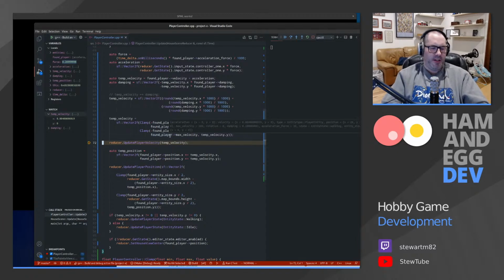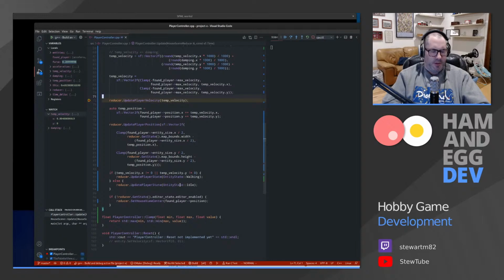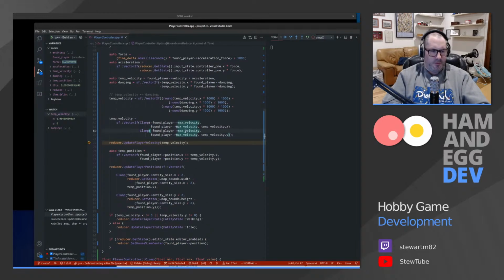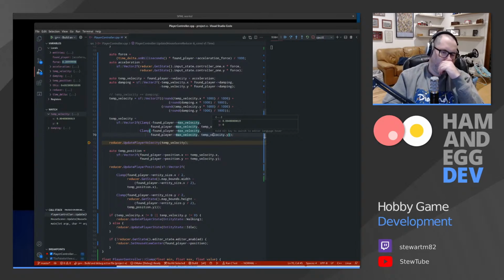Maybe we should do it in this clamp, possibly. So we clamp min max value. Maybe we just say it at some point or another. Do we have to say if it's less than something?